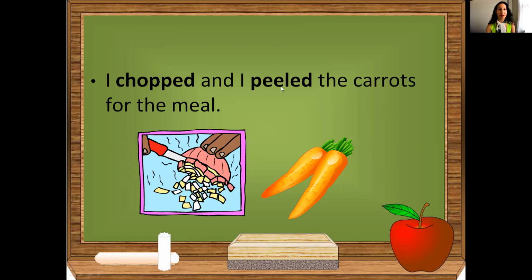And I peeled. Take out the E and just leave the D. It's a D sound. Peeled. Okay? So let's say this fast, like a tongue twister. I chopped and I peeled the carrots for the meal. Did you get it? Let's say this super fast. I chopped and I peeled the carrots for the meal. Can you say it faster? Here's the challenge. I chopped and I peeled the carrots for the meal.